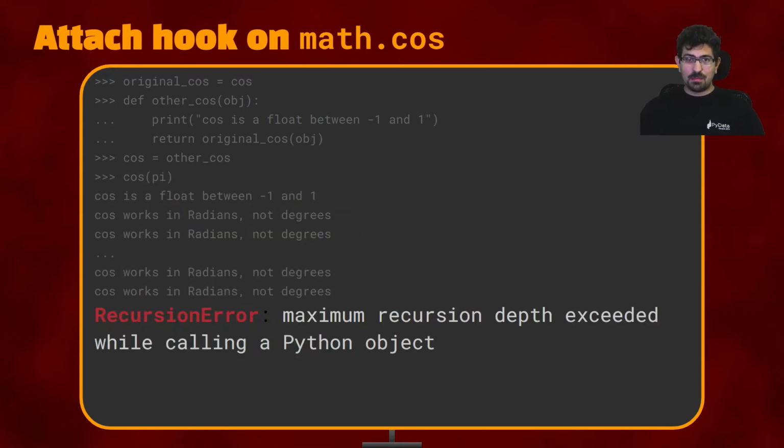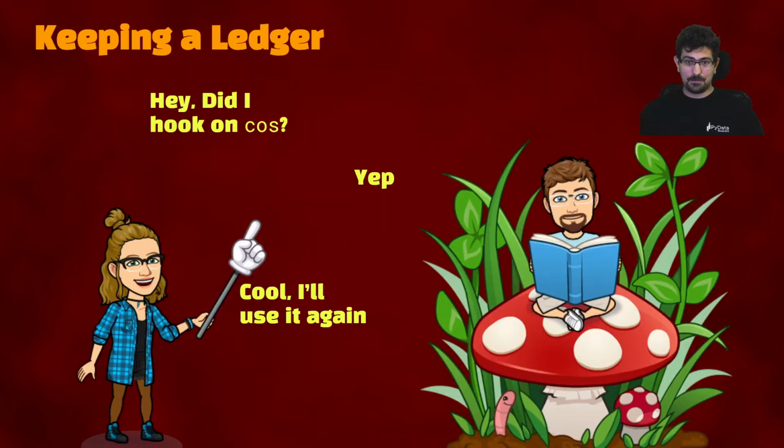Why is that? Because we've already had a thing that hooked upon the cosine function. So now it's trying to hook upon it again, and when it comes to calling the original function, it's not calling the original function, it calls the first other function and just recursively does it again and again.